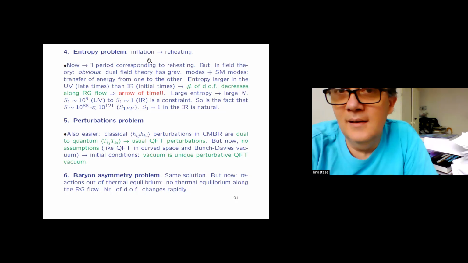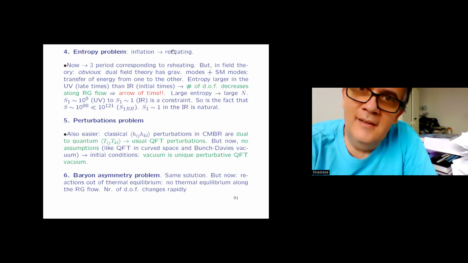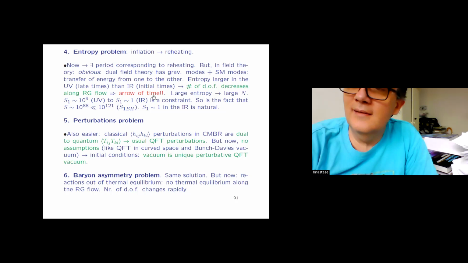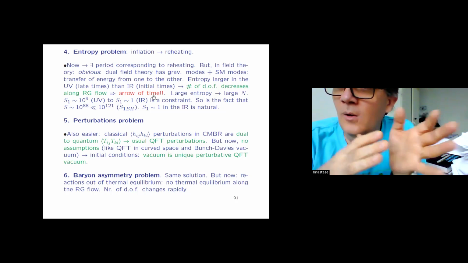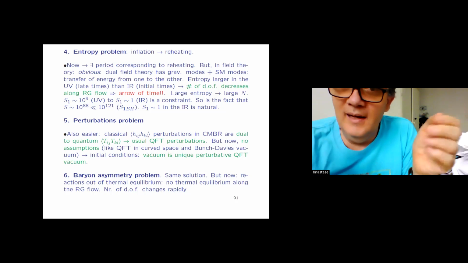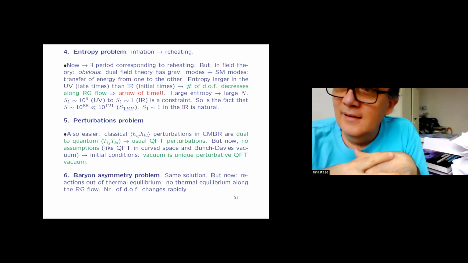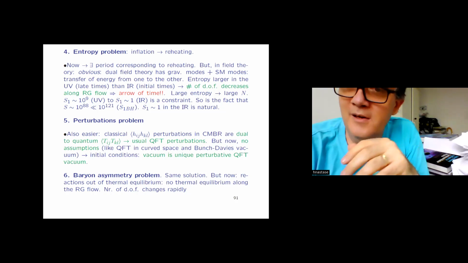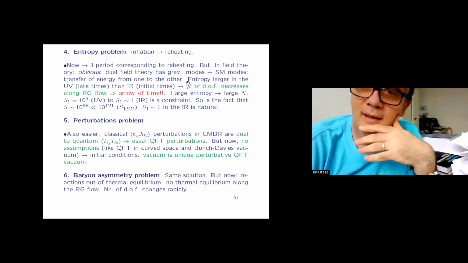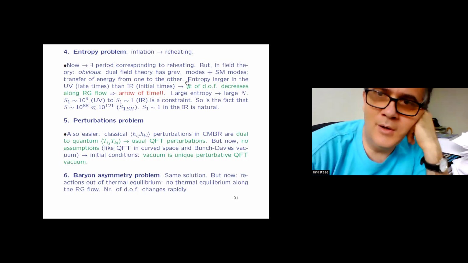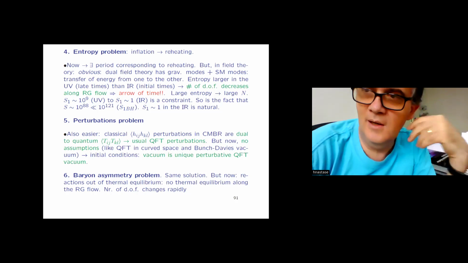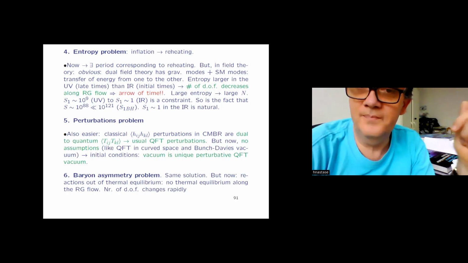Well, we could say also that reheating gives the arrow of time in inflation, but now it's more than during reheating, right? The arrow of time at all times is defined by this quantum field theory notion of increase of the number of degrees of freedom along the inverse RG flow.